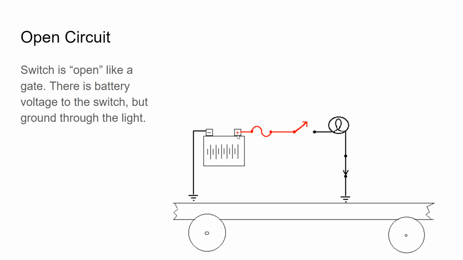So we run a positive wire from the battery or the alternator to whatever our load is. In this case, this is a symbol for a light bulb. And we have a switch here on the positive side. And when we connect that switch, current will flow from the positive side through the light bulb to the frame or chassis of the vehicle, completing the circuit and making the light work.